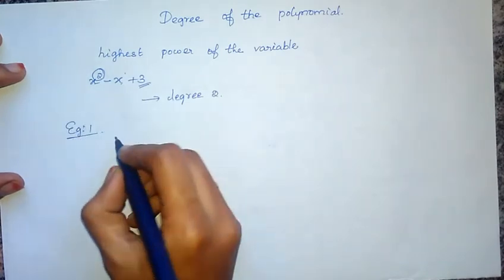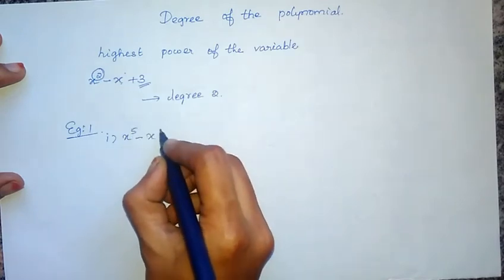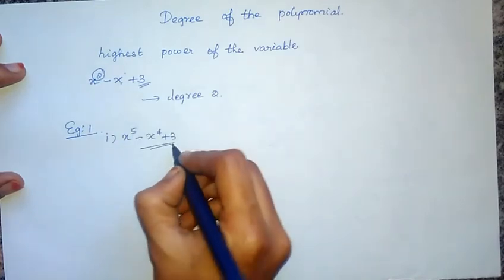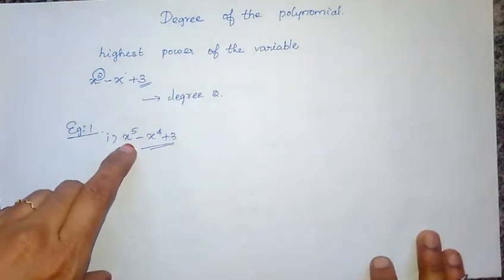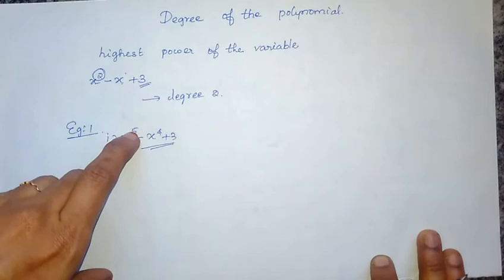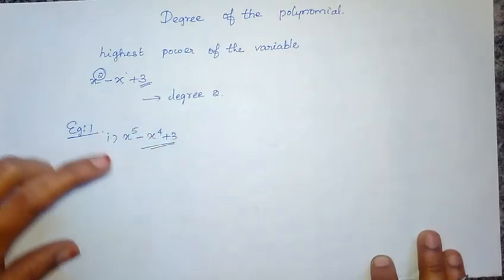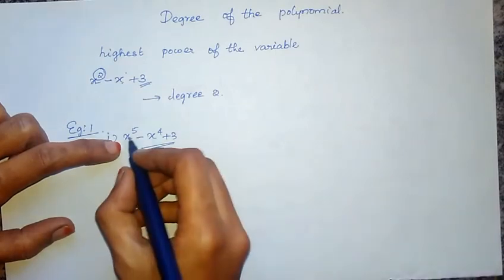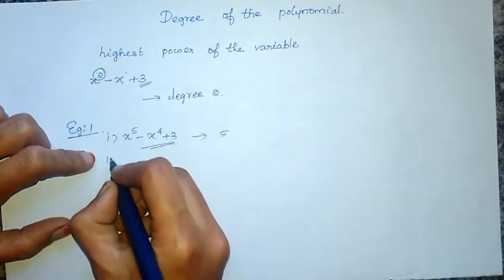Example 1. First question. x power 5 minus x power 4 plus 3. What is the degree of this polynomial? Here power of this x is 5. Here power is 4. Here 0. So here the highest power is 5. So the degree of this polynomial is 5.